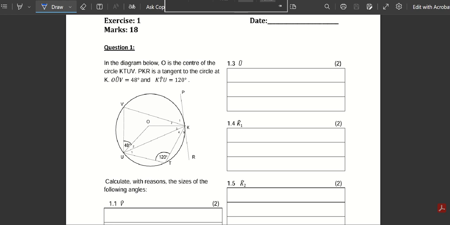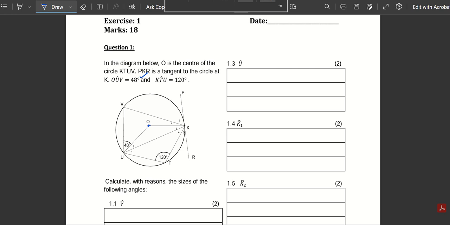PKR is a tangent to the circle at K. We can see that OUV is equal to 48. Then we have KTU being equal to 120. That's also indicated.